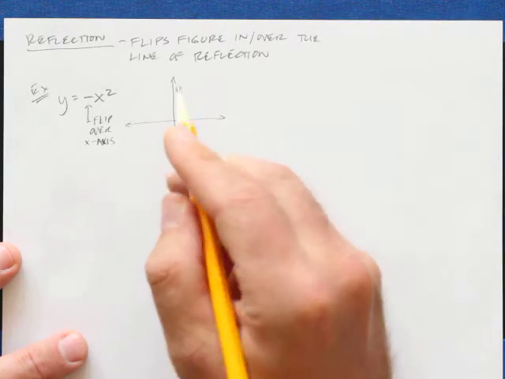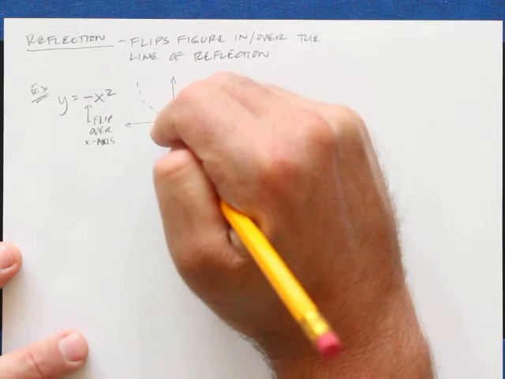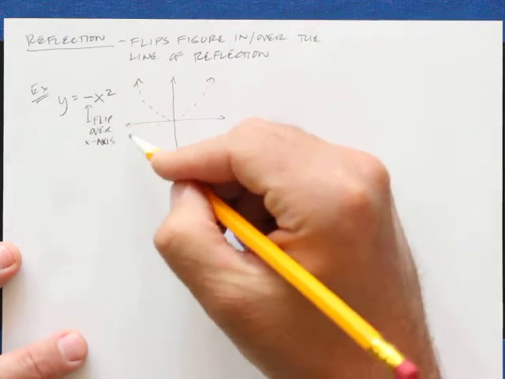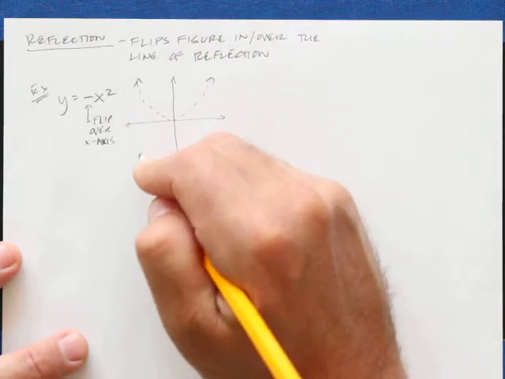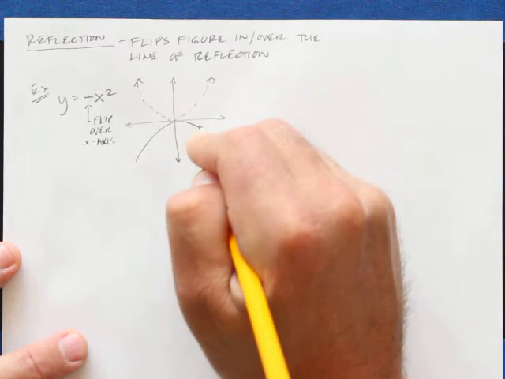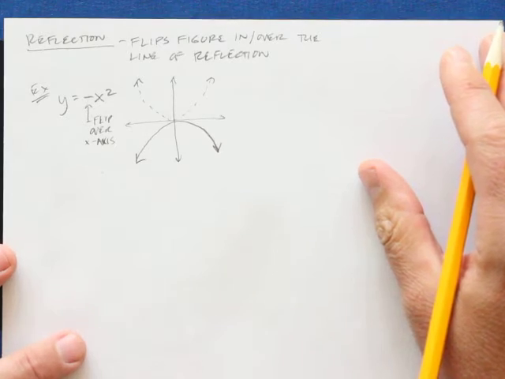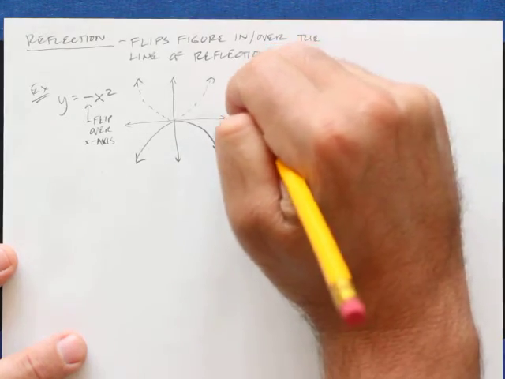So my parent is y equals x squared, and I just flip this over the x-axis. And then I'm done.